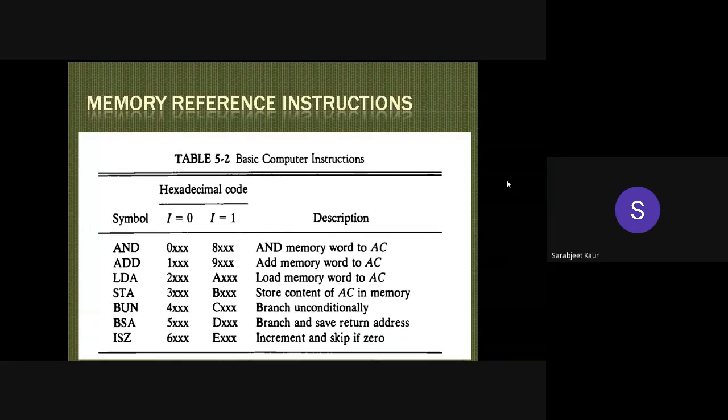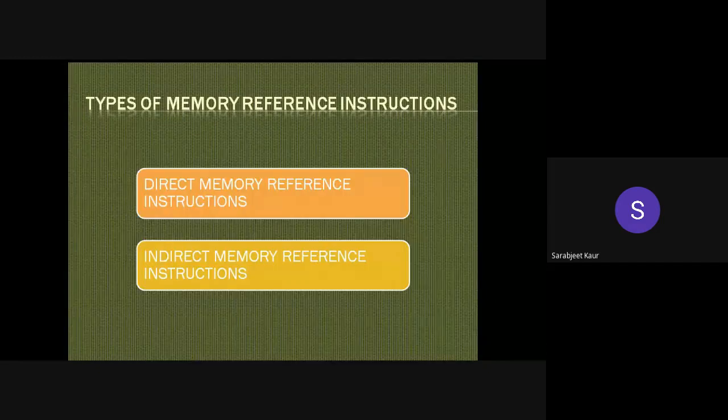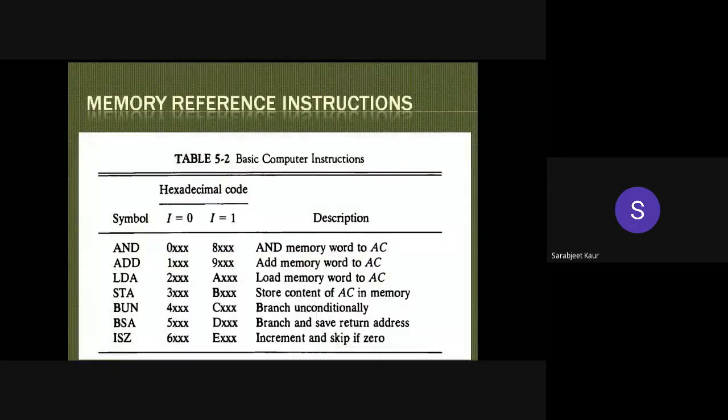So this is a table which has been taken from your book, M. Morris Mano. The first column here describes the symbol that is used for the memory reference instruction, and in the last column, you can find the description.